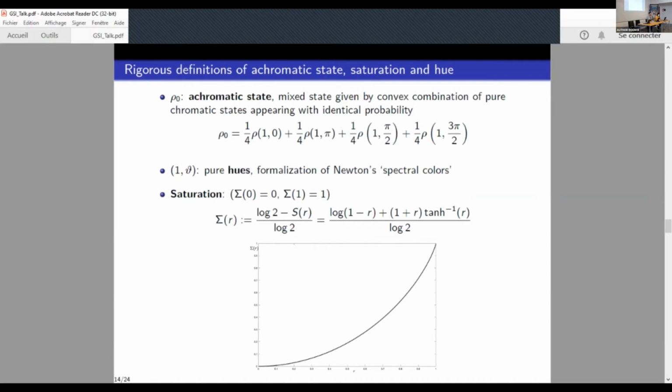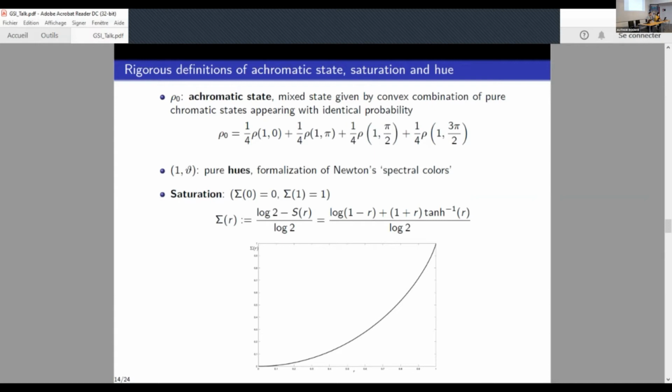Instead, when R is 1 and theta is free to run between 0 and 2 pi, we have pure hues, which formalize Newton's spectral colors. Finally, if we want to formalize a Newton color disk, we also have to formalize saturation.